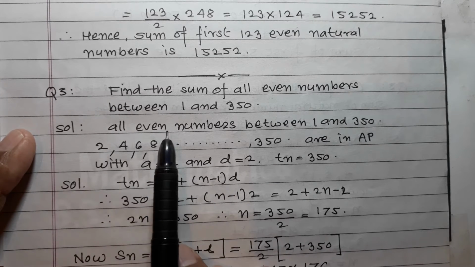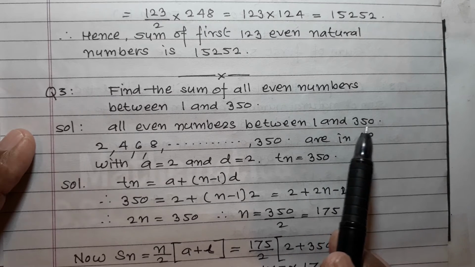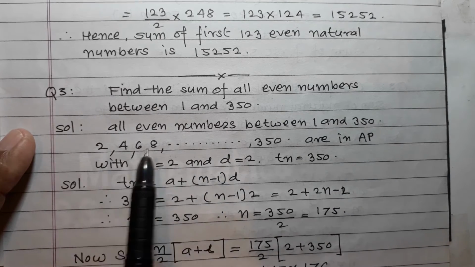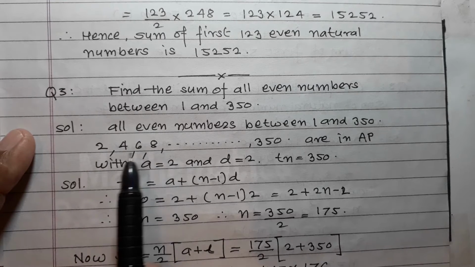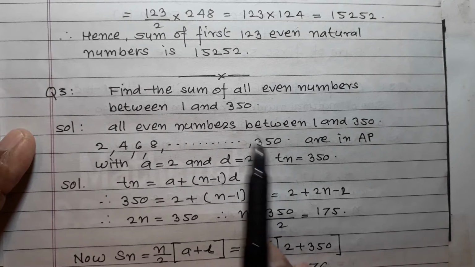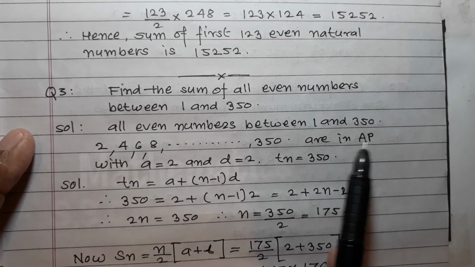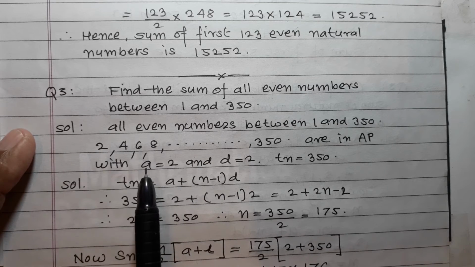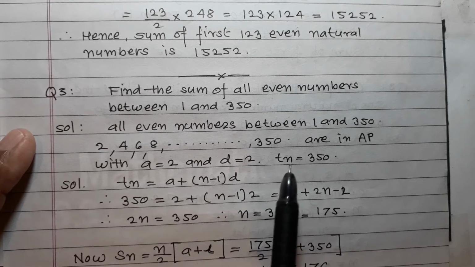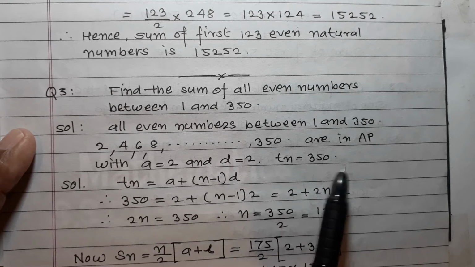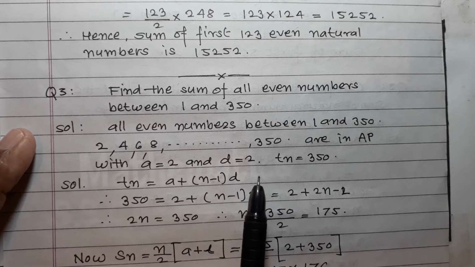Solution: all even numbers between 1 and 350 are 2, 4, 6, 8 and so on up to the last number, 350. They are in AP with a equal to 2, d equal to 2, Tn equal to 350, and then find the sum of this.